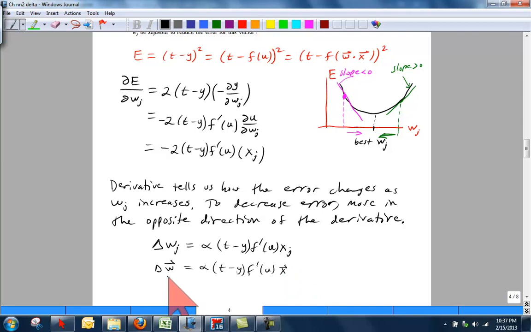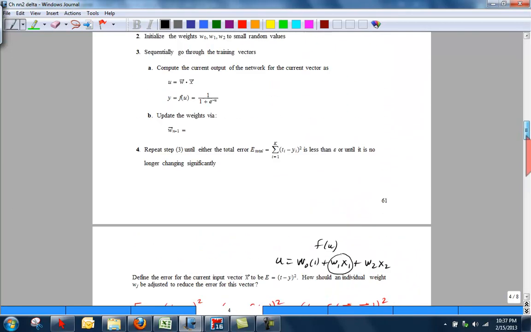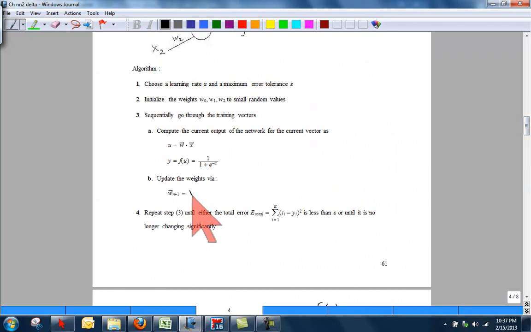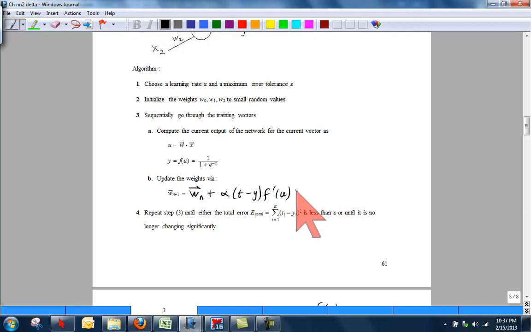And this is the change in weight, so if we come back to our expression, the new weights are going to be the old ones plus that change in weight. So here's the update rule now for the delta algorithm.